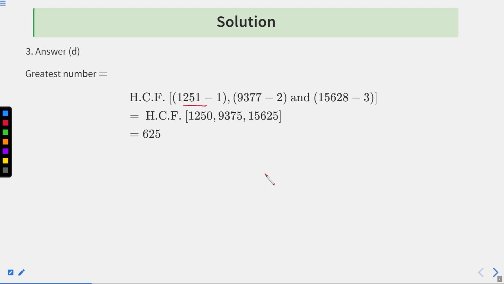So for finding the greatest number, we need to find the HCF of these three numbers 1250, 9375 and 15625. We can find the HCF by using the prime factorization method or Euclid's division algorithm. The HCF of these three numbers is equal to 625.